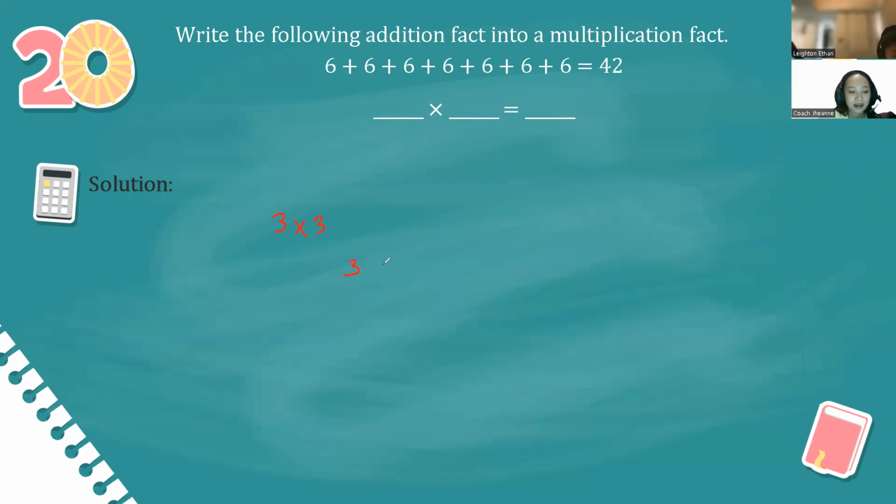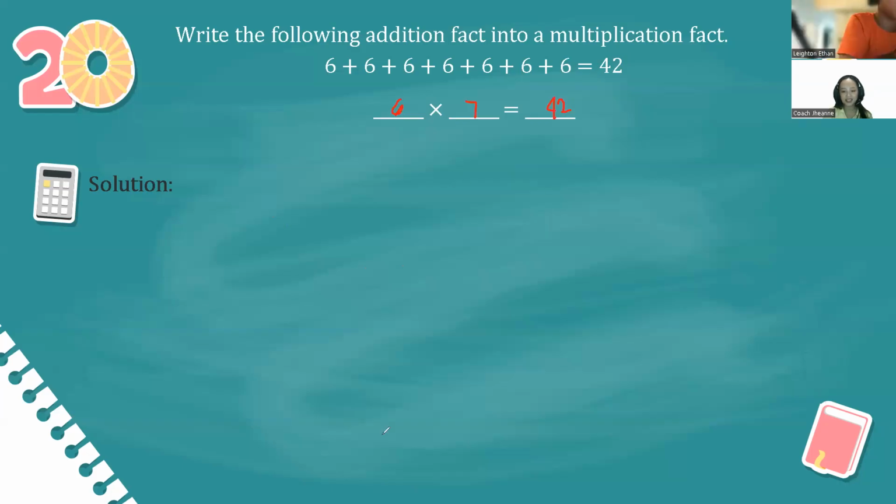So 3 plus 3 plus 3. Is that right? So here in this problem, we have how many 6s? 7. So the answer would be 6 times 7 equals 42, or 7 times 6 equals 42. Simple, okay?